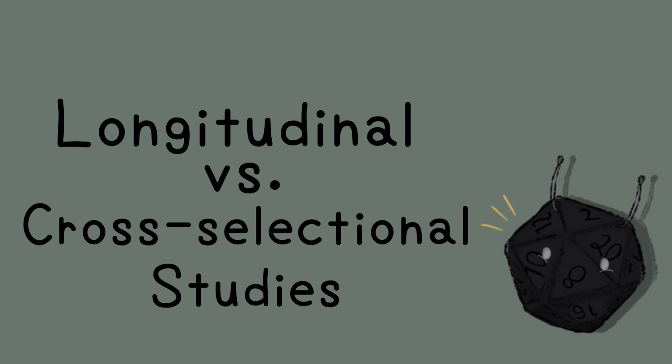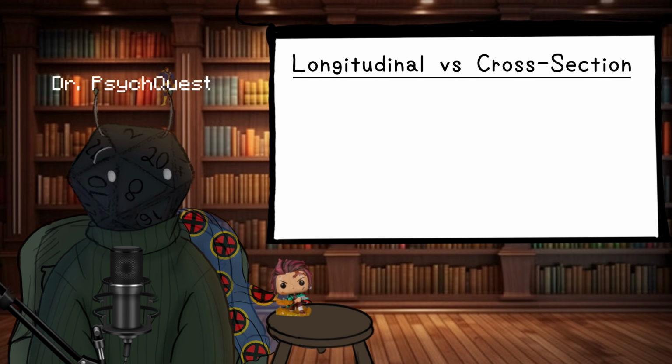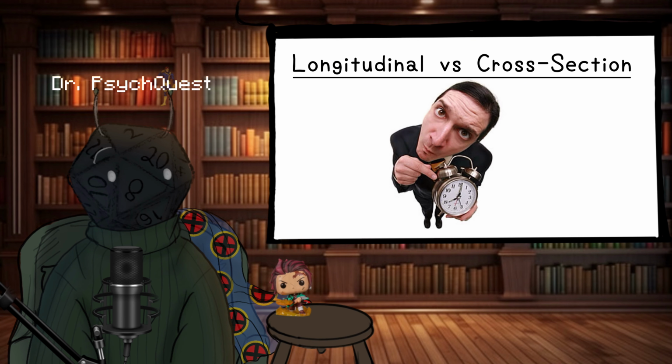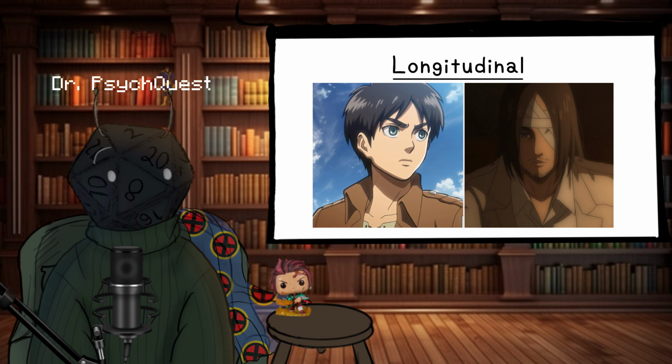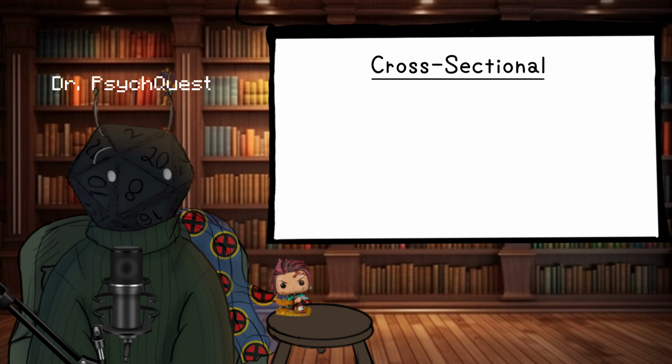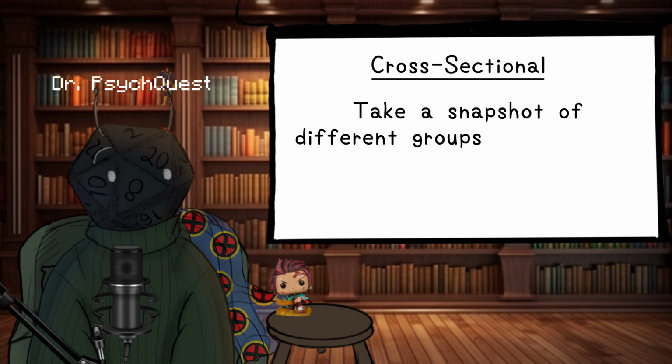Longitudinal versus cross-sectional studies. Sometimes we want to study behavior over time. That's where longitudinal studies come in, which is kind of like watching Eren Yeager slowly turn insane throughout the show, and how his views change from season 1 to the newest season, and how his memories seem to change. On the other hand, cross-sectional studies take a snapshot of different groups at one point in time.